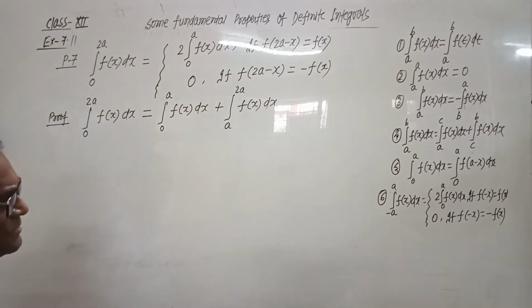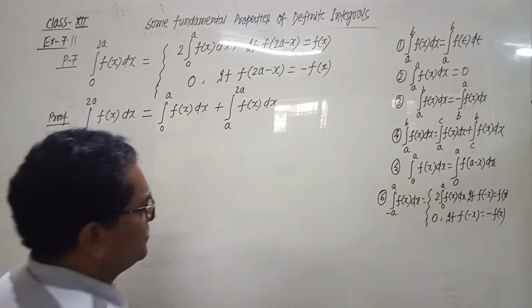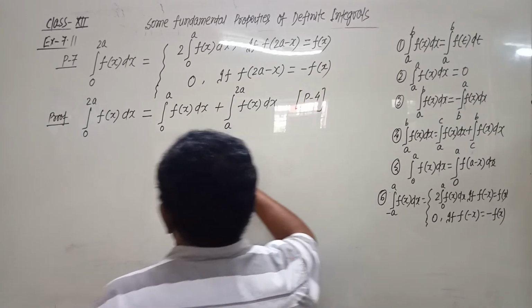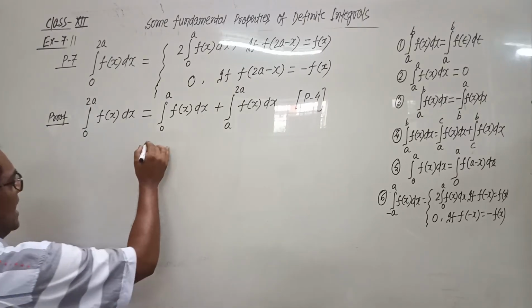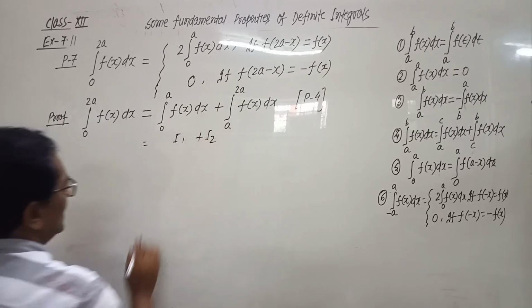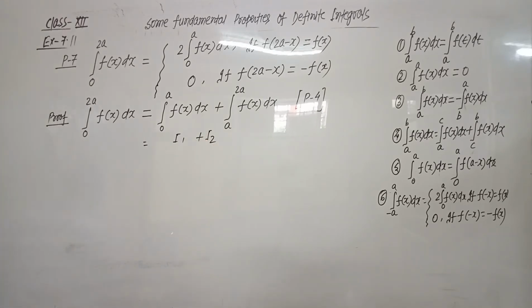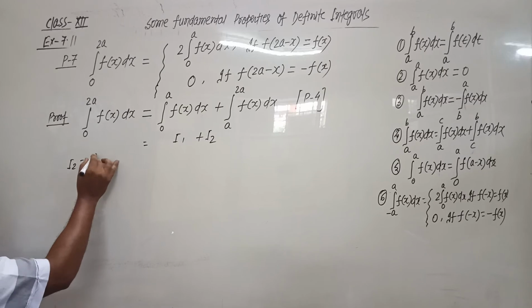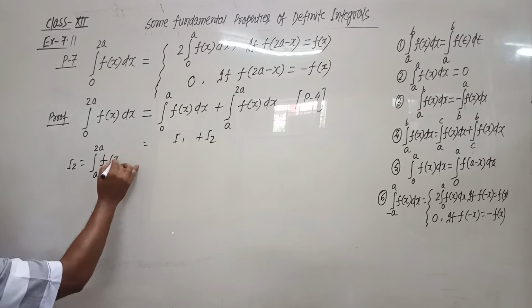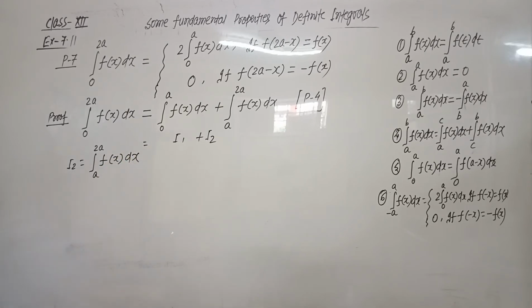This we can write by using property number 4. By using property 4, we can decompose this integral and call them I1 and I2, and then solve I2. The value of I2 is integration a to 2a of f(x) dx.